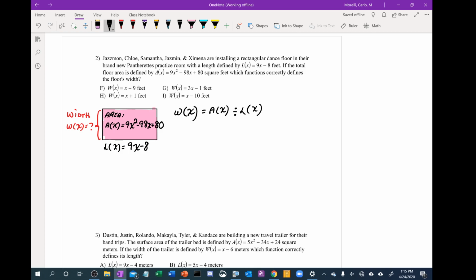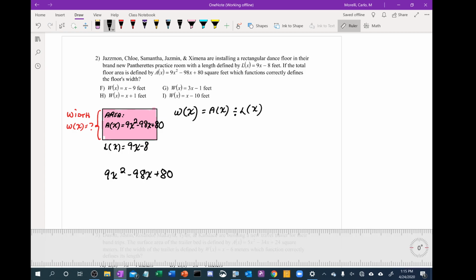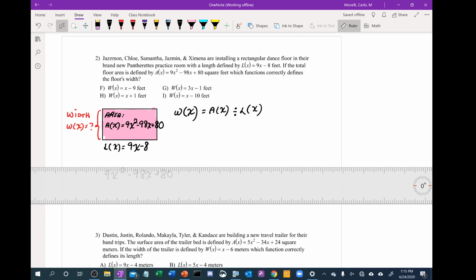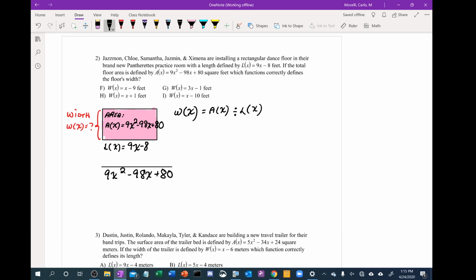Substituting into our notation that we use for polynomial long division is 9x squared minus 98x plus 80. We'll draw a division bar here. And then we'll put the length in the divisor section. So that's 9x minus 8.